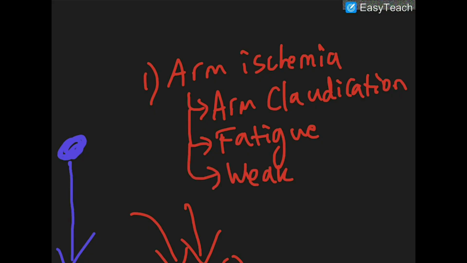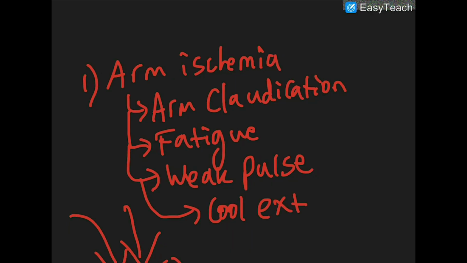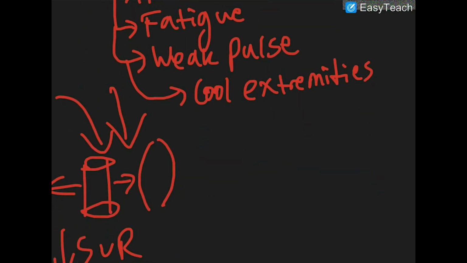You're going to see a weak pulse because there's less blood now going to your left arm due to that narrowing. And then you can see cool extremities, right? Because of, again, the less blood flow going to your left arm in this case, because of the narrowing of the left subclavian artery proximal to the vertebral artery. Okay, and because we said that your arm circulation pressure is low, right? That's why you see a weak pulse too.